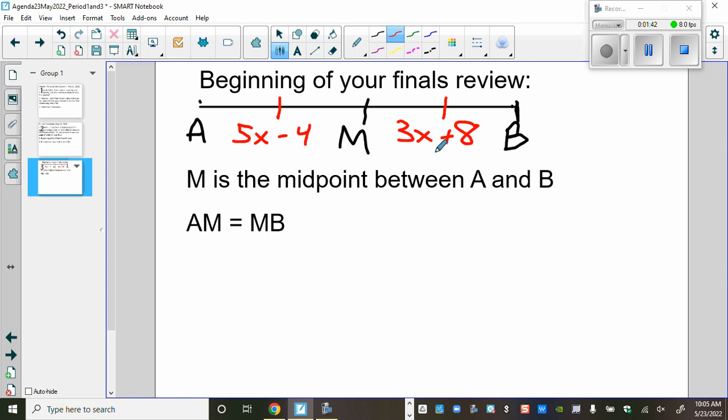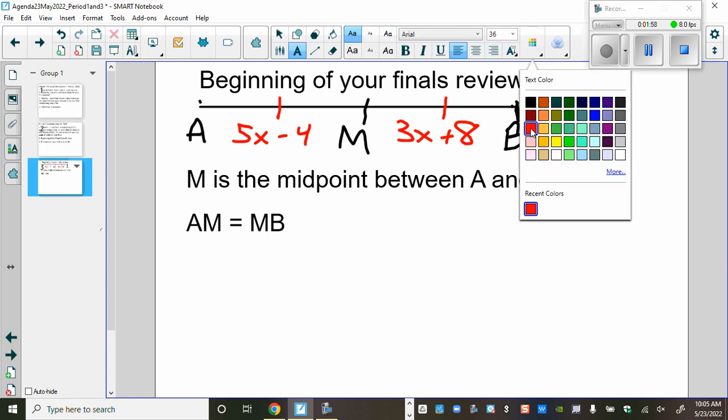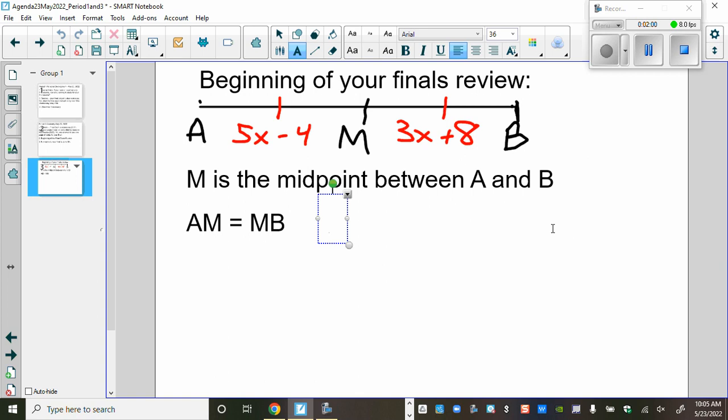Say this was our setup, right? Then how do we set up our equation? You don't have to solve it. I just want the setup. Who could tell us what our setup is then?